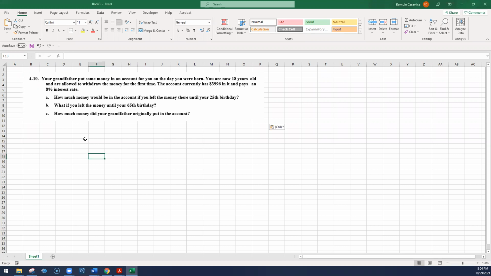Okay. So let's look at this problem. This basically is present value and future value, the time value of money. We have 5 types of variables that we need to keep in mind: present value, future value, payment, rate, and time. Normally they give you 4 variables and you need to get a solution for the missing variable.